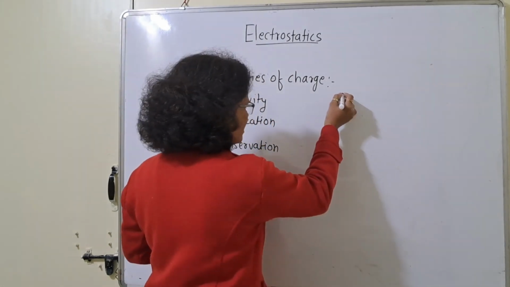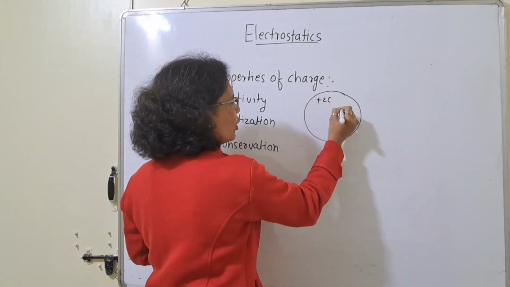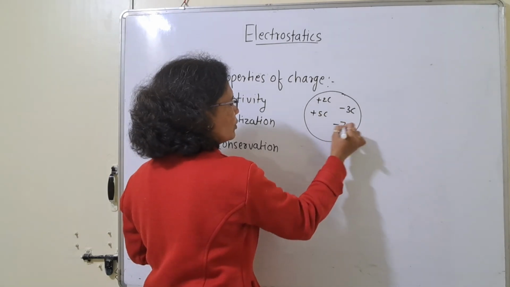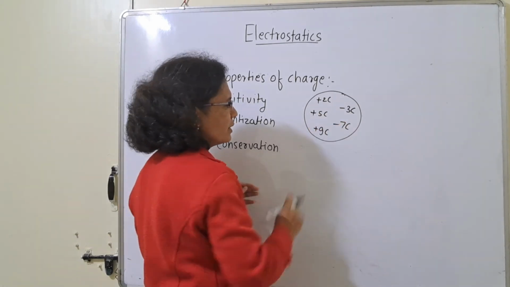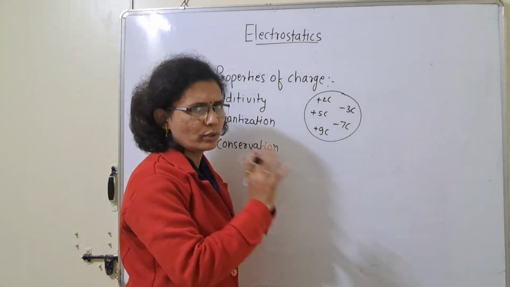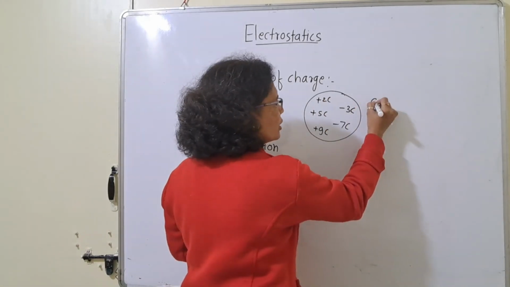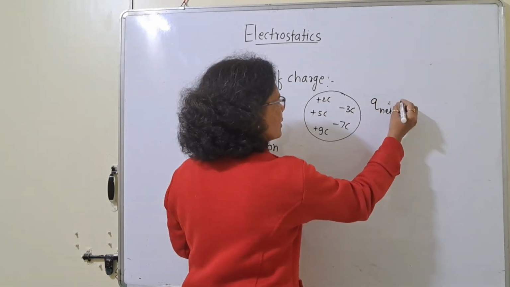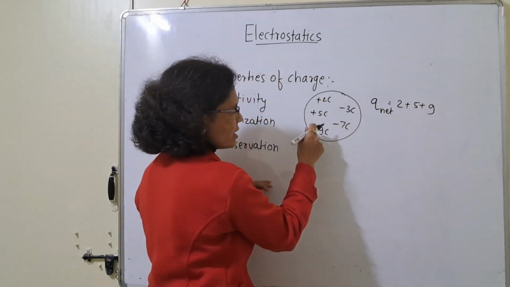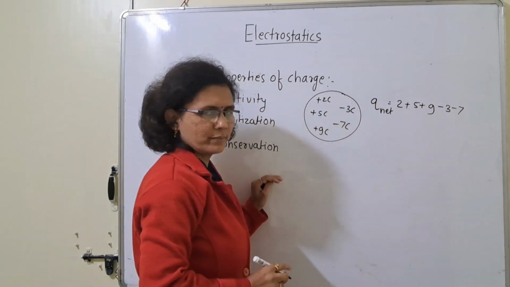If I consider one body and there are some charges, plus 2 coulomb, minus 3 coulomb, plus 5 coulomb, minus 7 coulomb, and plus 9 coulomb, and I want to find the net or total charge on this body, I can add them algebraically. So Q net will be 2 plus 5 plus 9, because these are positive, minus 3 minus 7.